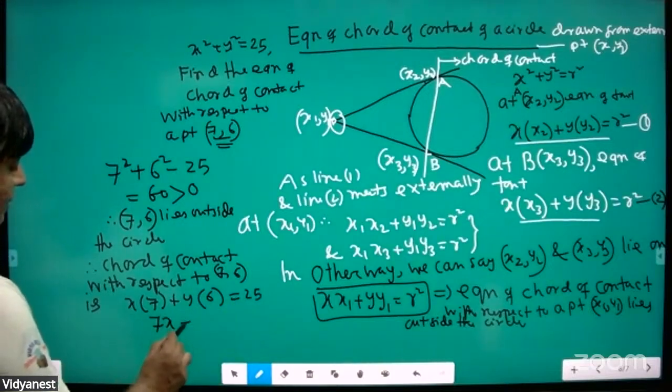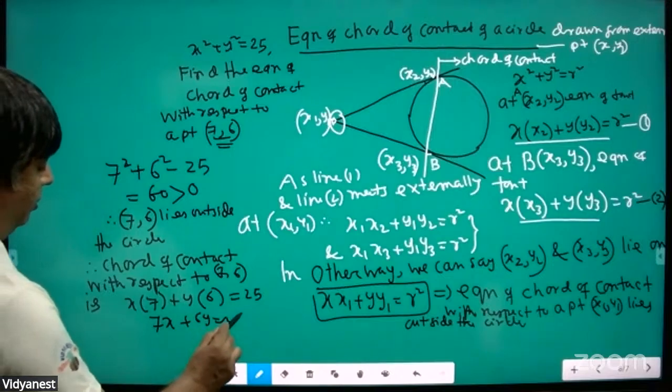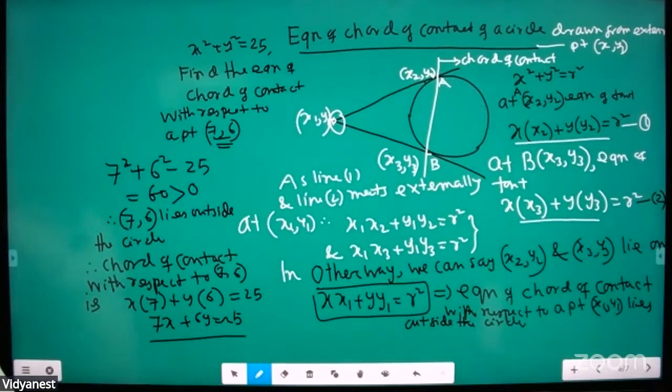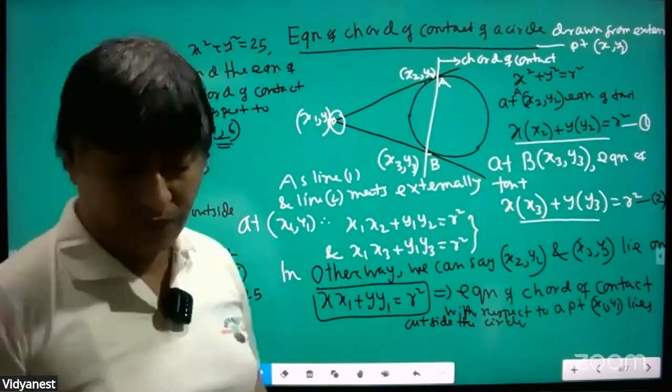So 7x plus 6y is equal to 25. Okay. Yes sir, got it.